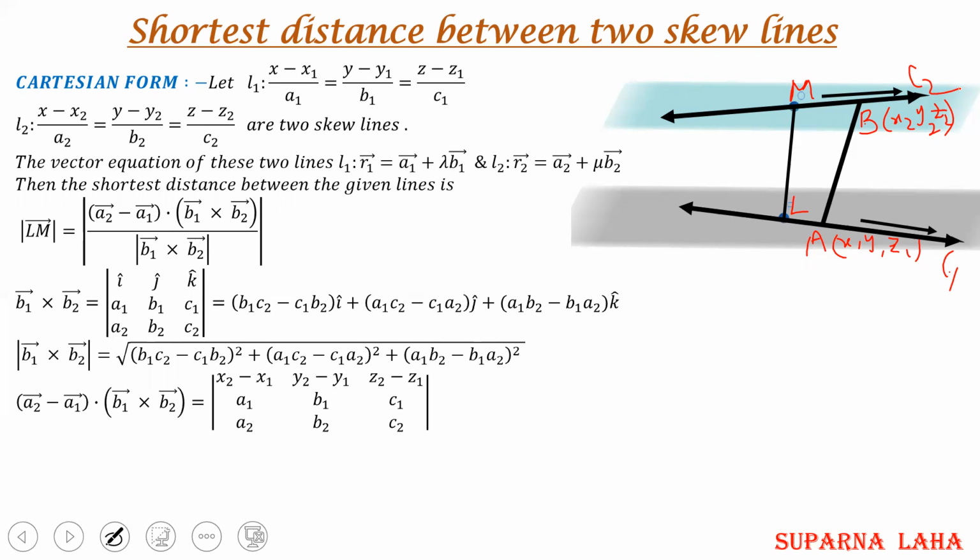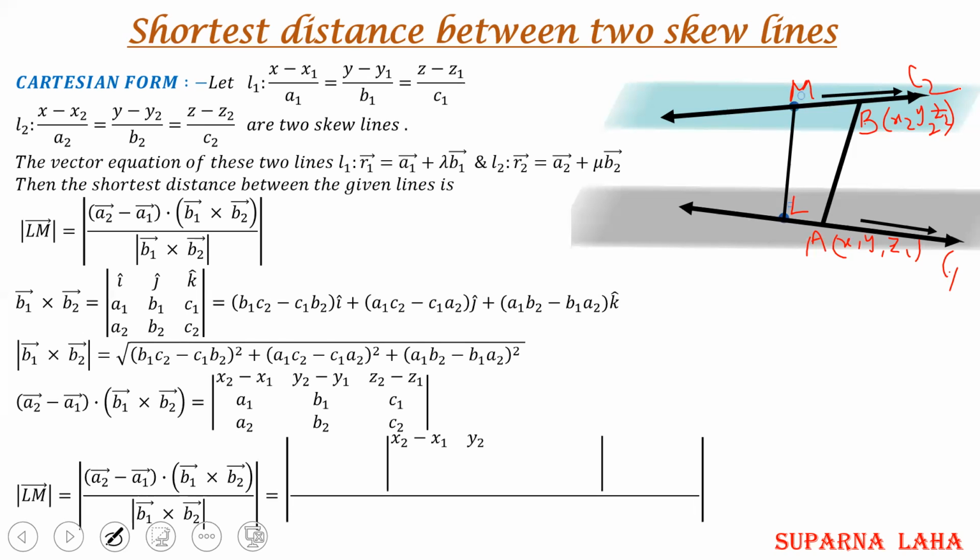We need to find the determinant value and just put the value in the shortest distance formula in the vector form. So this is how to find the shortest distance between these two lines in the Cartesian form. Just compare these two equations and rewrite the value again in the Cartesian form. That's all.